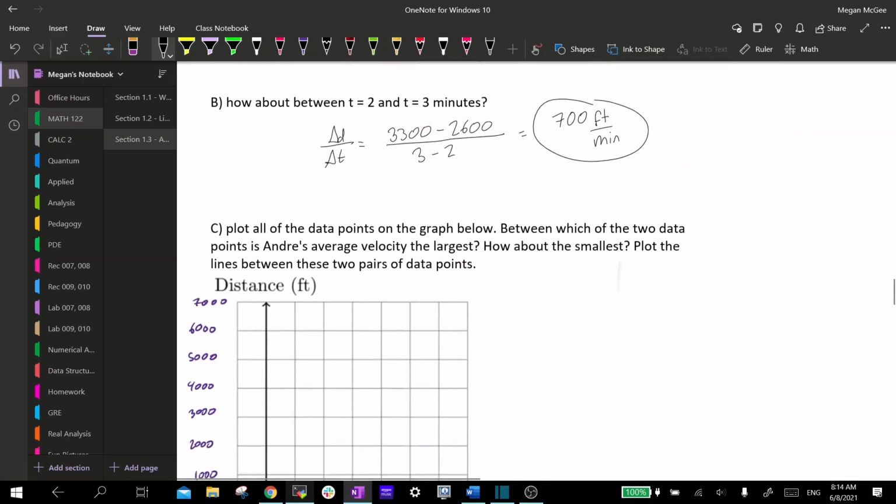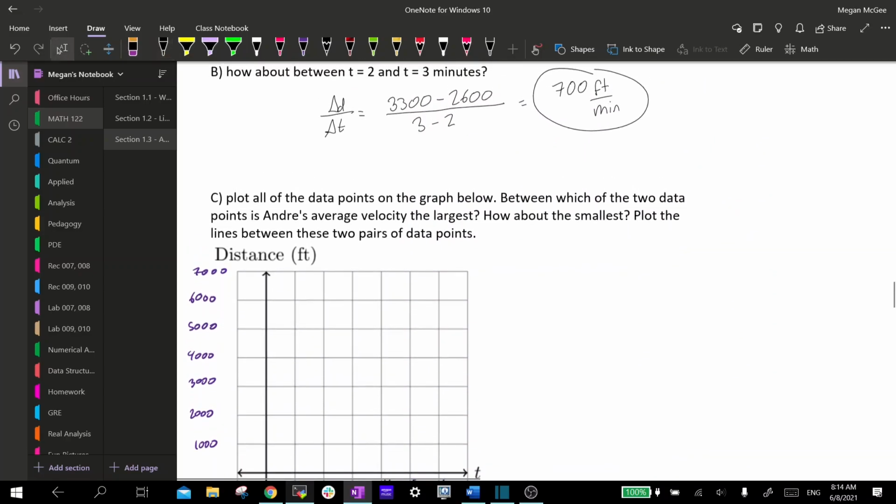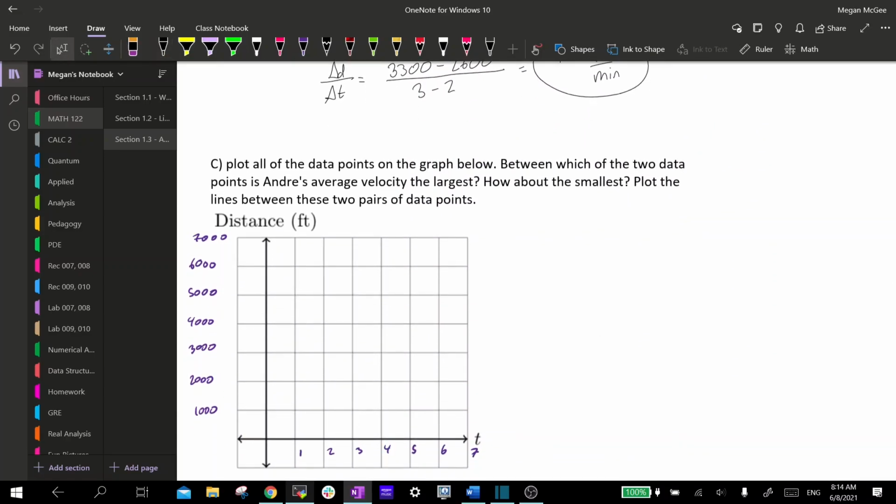So then we're given this graph down here below and asked to plot all of the data points on it. Okay, so let's do that first. So we already know 0, 0 is a point. At minute number 1, we're at 2,200, so somewhere over here. Then we go to 2,600. Then we go to 3,300.